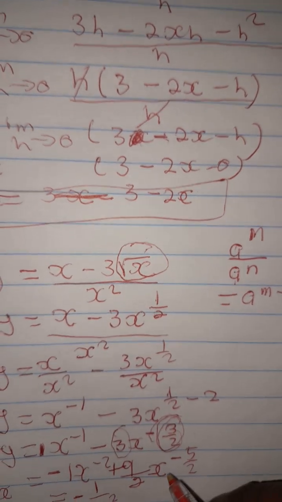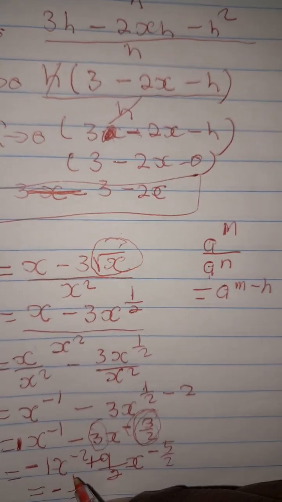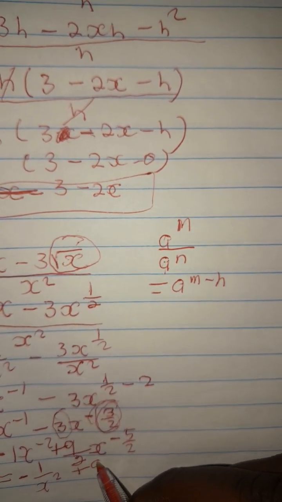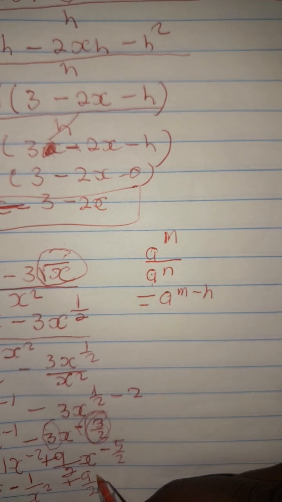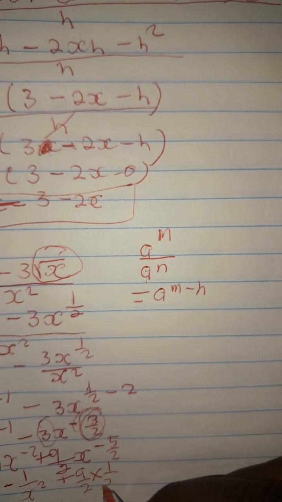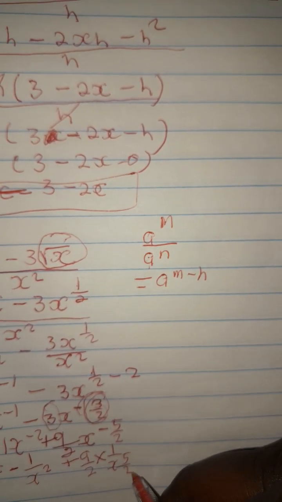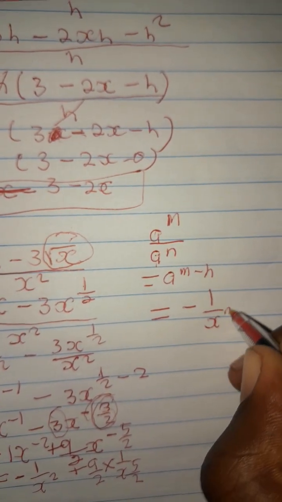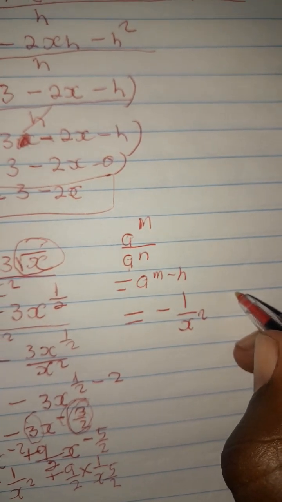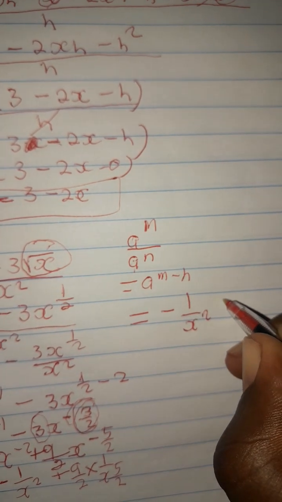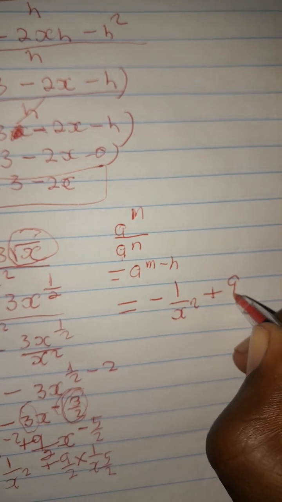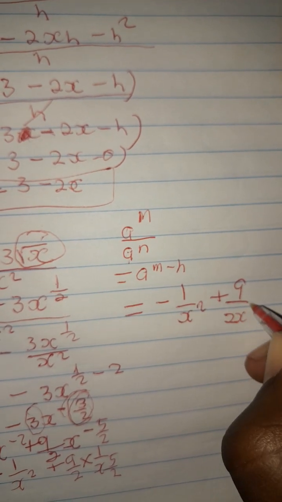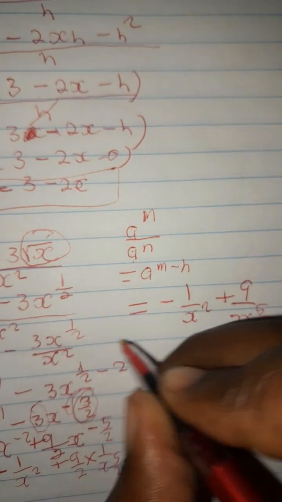In this case, it's going to be negative 1 all over x squared plus 9 all over 2, multiplied by 1 all over x to the power of 5 all over 2. So let me write the final answer here. It will be negative 1 all over x squared plus 9 times 1, that will be 9, then 2 times x to the power of 5 all over 2, as our solution in this case.